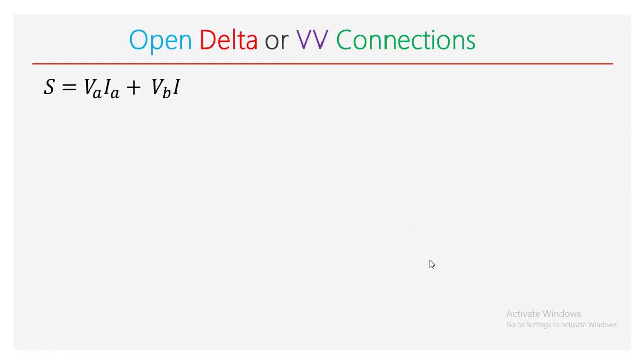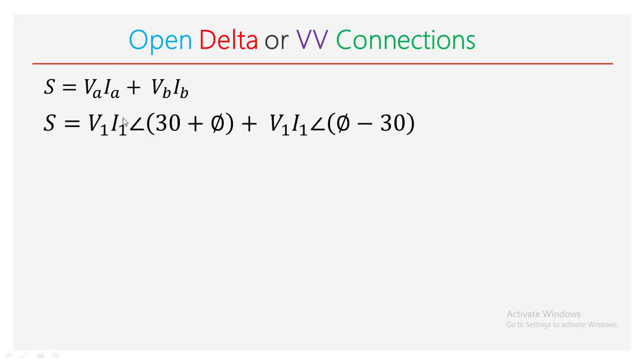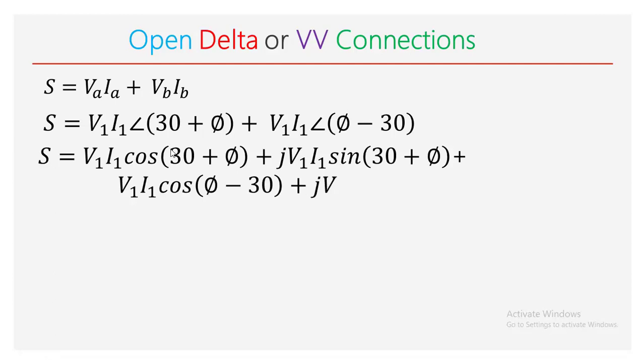Let us find out the apparent power supplied by the open delta. VAIA is the power supplied by the first winding and VBIB is the power supplied by the second winding. Replace IA and IB, and split these terms into real part and imaginary part.